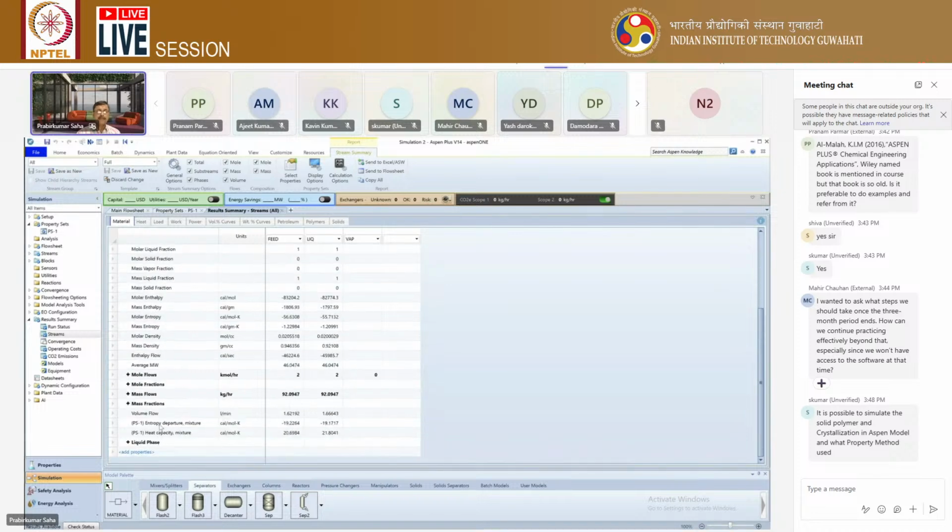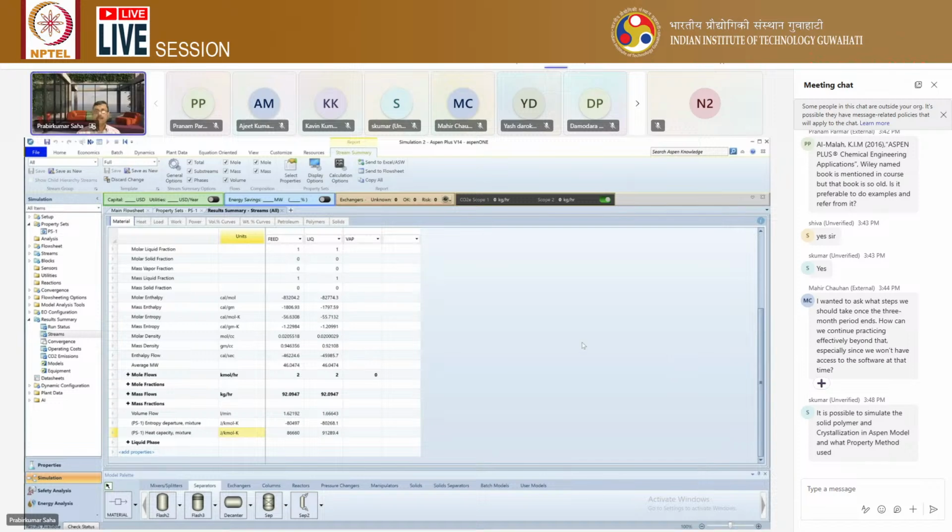See, these two things have come over here. You can change the variable accordingly, as per your own wish. So the heat capacity and entropy departure, they are given over here.